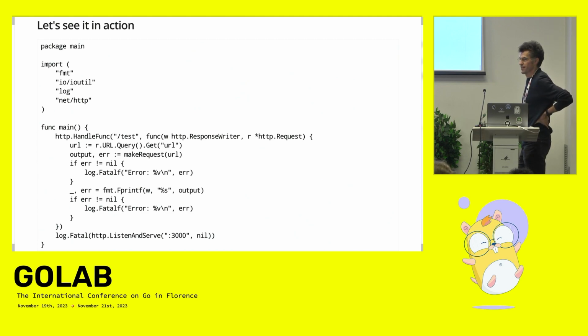Yeah, that's a security issue. That's a quite, let's say, severe issue in a cloud environment. We get the URL from a query parameter. We don't validate it. We don't sanitize it, and we make a request with this URL.